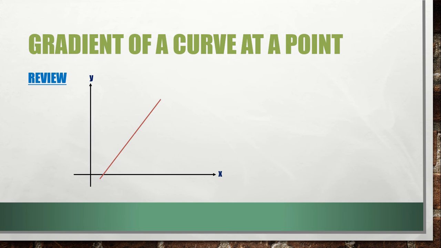So if you have such a line here and you are told to get its gradient, you begin by picking out 2 points on the x and y axis, so that you may have the change in y and the change in x, which is noted as delta y and delta x. So basically you're saying there's a change in x and there's a change in y. So notice those points: there's a small change.